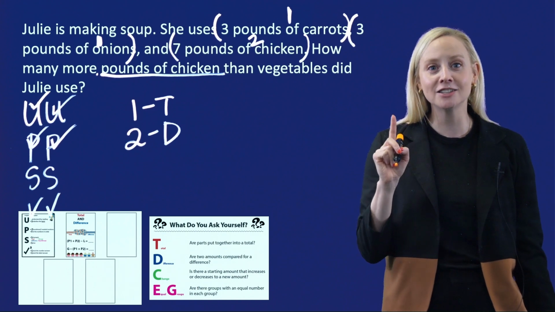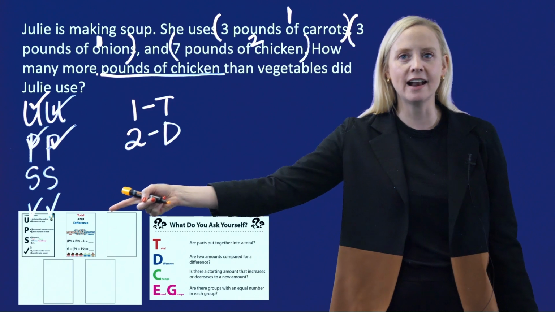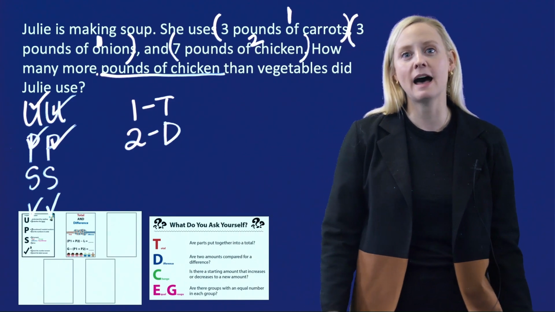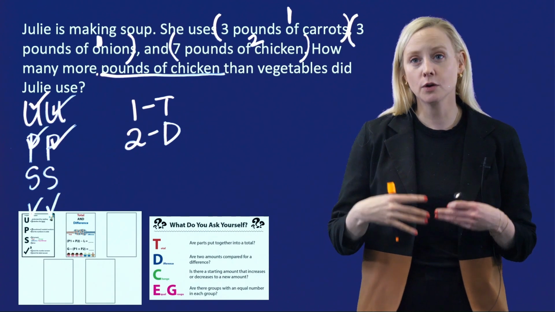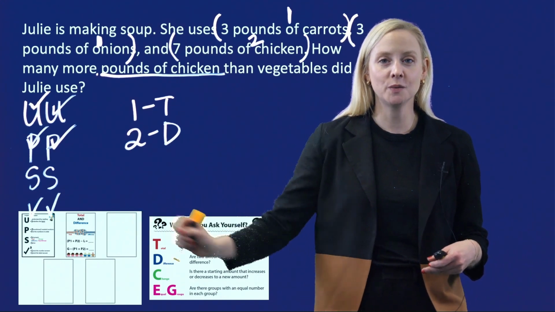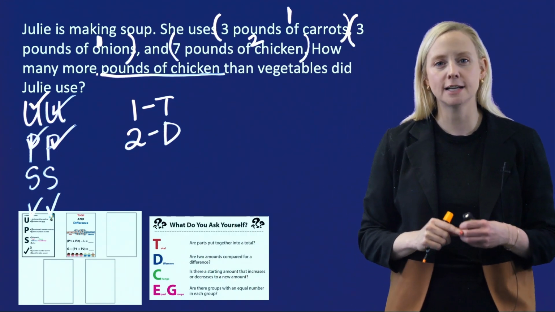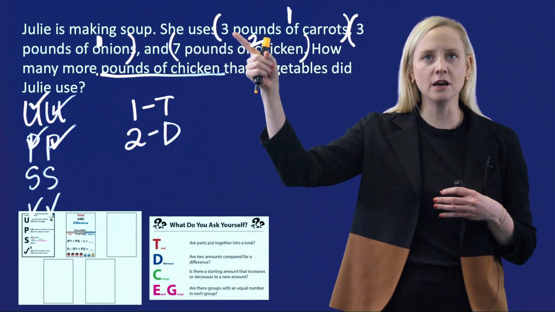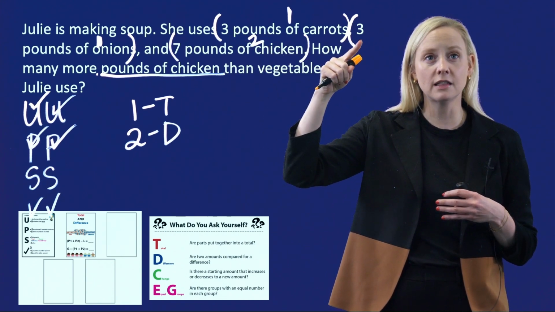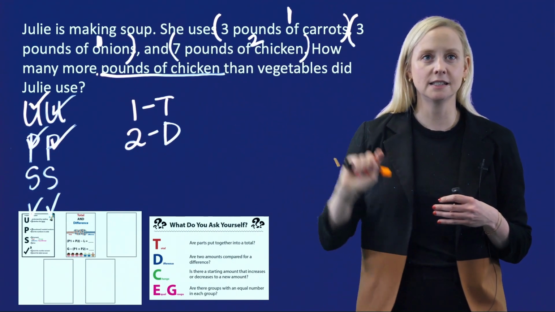But I'm not finished. Before I can move to my second S of solve, I need to look at our multi-step word problem mat version 1 to figure out which equation I'm using. Remember, we use our first equation when our combined amount is greater and our second equation when our combined amount is less. So let's think. We might need to do a little mental math here. 3 and 3, that's my combined amount, is 6. 6 is less than 7.